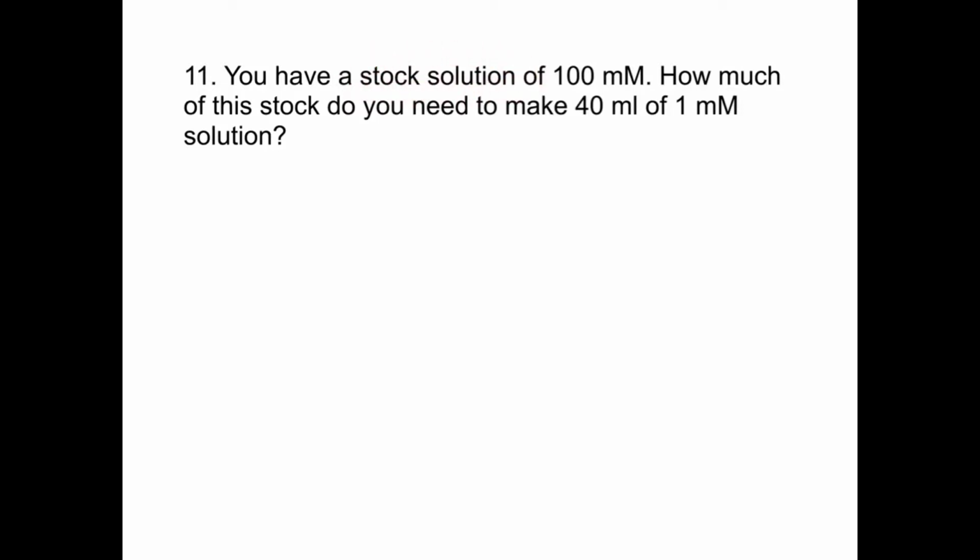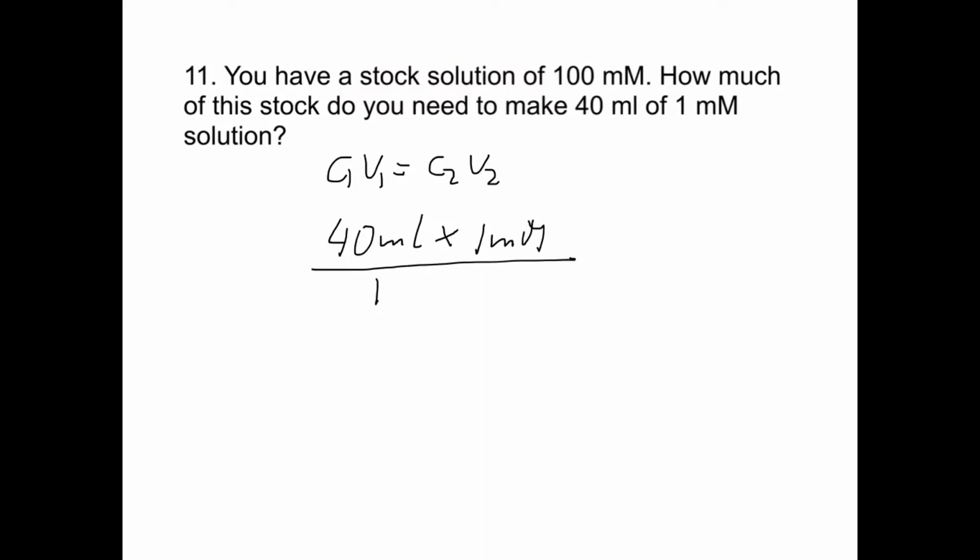We know that for stock solutions we can either use the equation C1V1 equals C2V2, or we can use my approach where I imagine there is a patient going into a pharmacy, and the doctor has written a prescription, and on this prescription it says I want 40 milliliter of a 1 millimolar solution, and the pharmacist says, sorry, we only have 100 millimolar solution, and that's already our calculation.